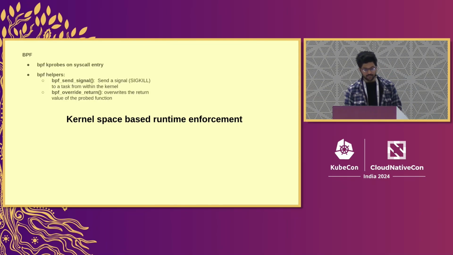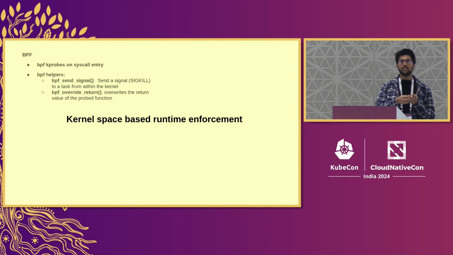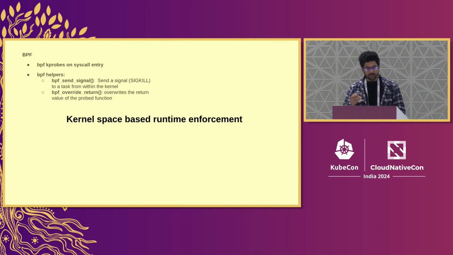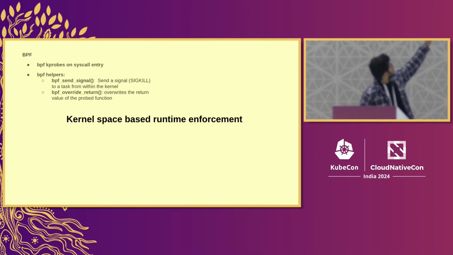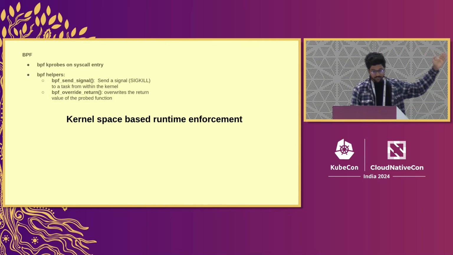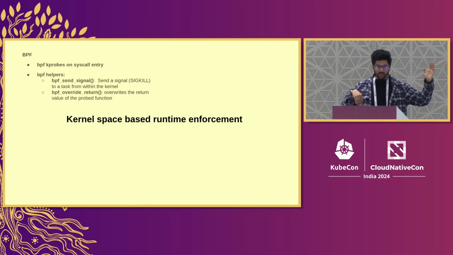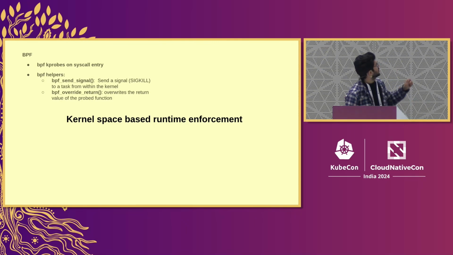And we have BPF. So BPF allows us to observe and also allows us to enforce things. For observability, we can attach BPF kprobes on syscall entry, and then we can use BPF send signal or BPF override return for actually preventing things. But these two have some issues.